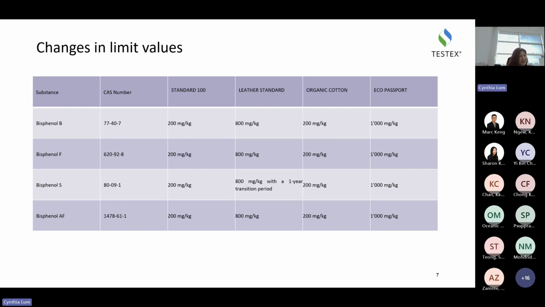It will officially be implemented on the 1st of June. Currently, we can already detect all these limit values in existing tests, but if your test result exceeds the new limit value, it will not be a failed limit value until after June this year, because there is a transition period of 3 months from now until June.